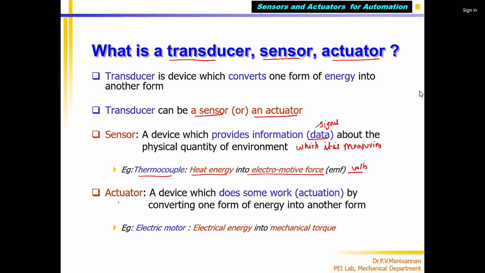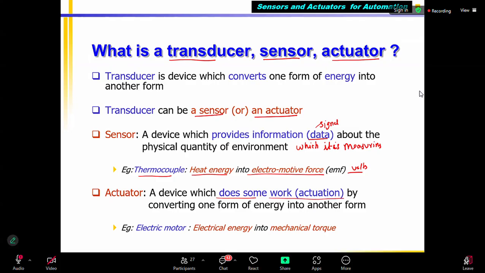Next thing is, what is the definition of actuator? Actuator is a device which does some work. That means mechanical work, actuation is going to do some work by converting one form of the energy into another form. Basically, the input energy can be electrical voltage or a chemical energy.